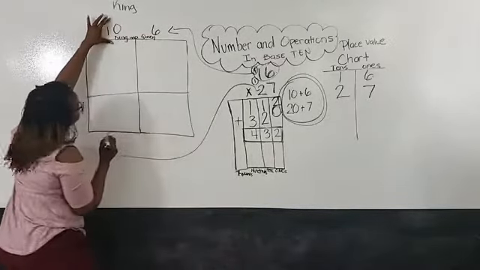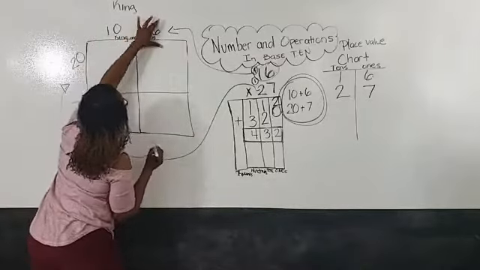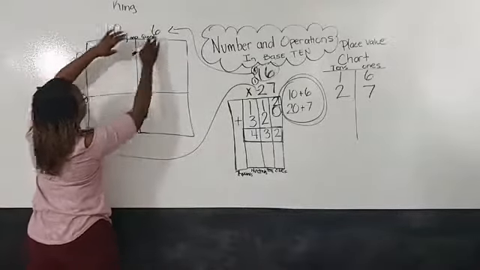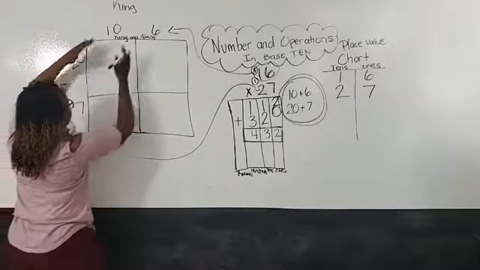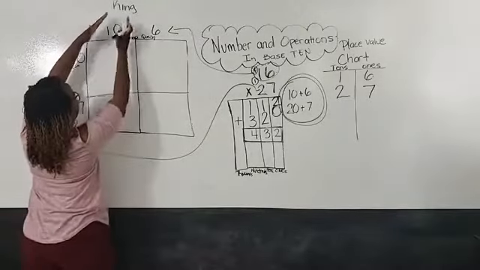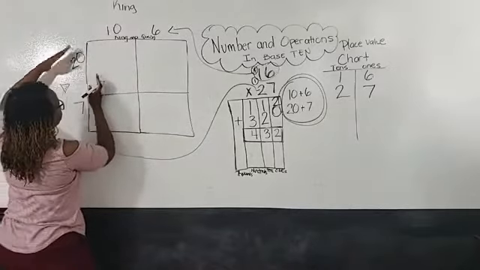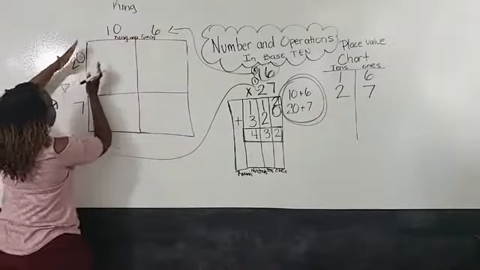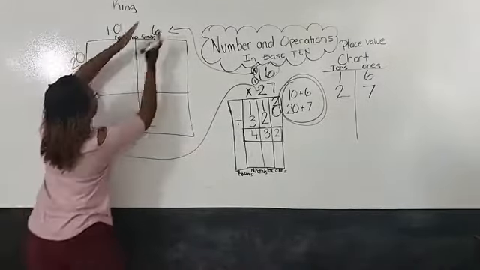So my king and my queen, they're going to multiply themselves here, and they're going to multiply themselves here.